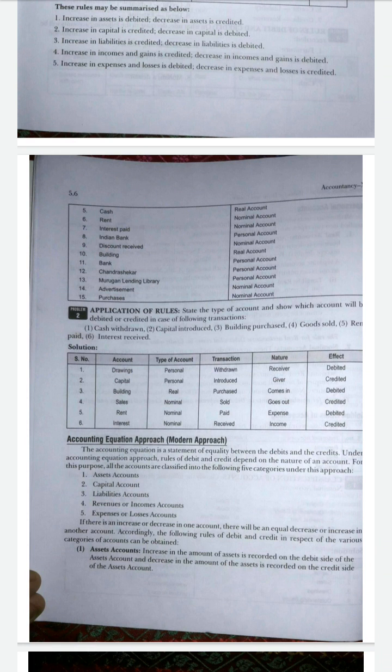Next one is goods sold. Sold means the account is sales. Goods sold means sales. Goods purchased means purchases. Sales means the amount is coming inside, and it is a nominal account. Goods are an asset or property, but the type of account here is nominal.